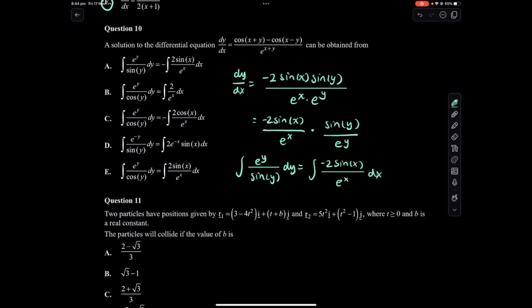Which one looks like that? Looks like A actually is our answer here. The other ones look wrong.